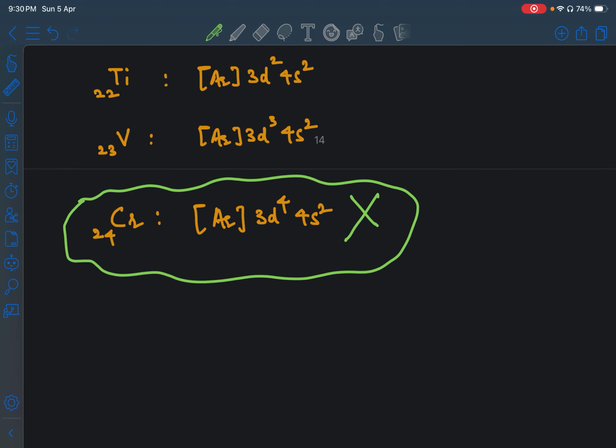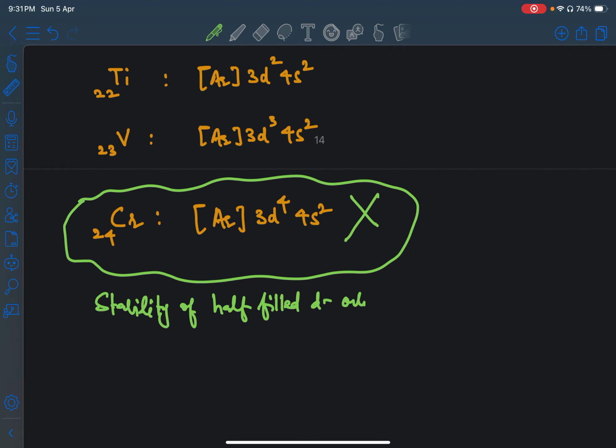Why is there a discrepancy while writing the electronic configuration of chromium? The answer is very, very important. The answer is stability of half-filled d orbitals.